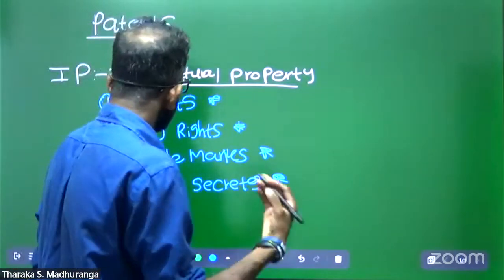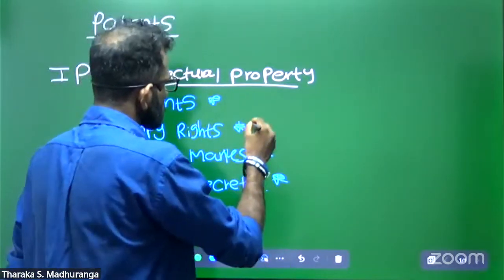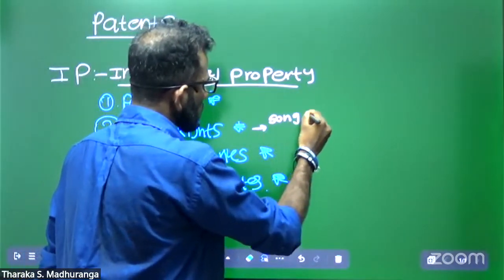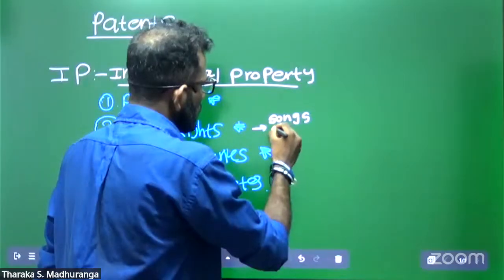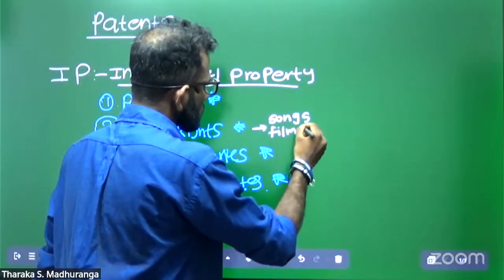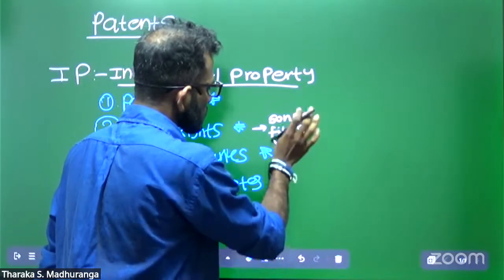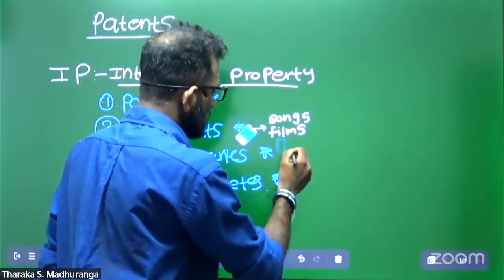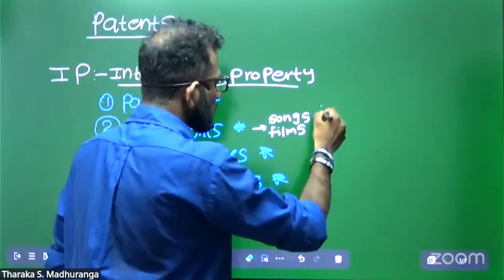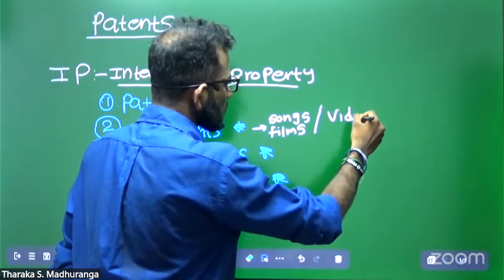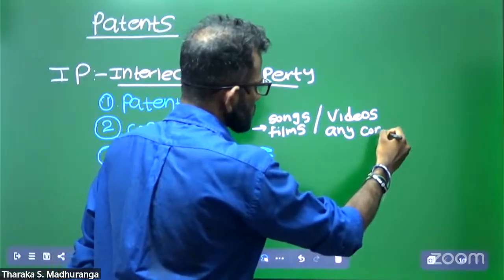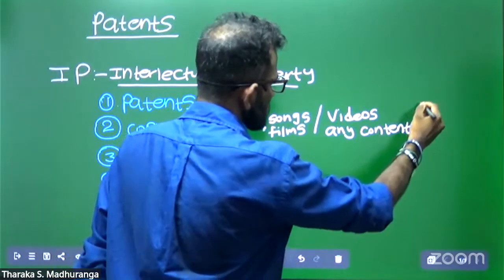Give me an example for trade secret. Copyright: songs, films, videos, and content, text.